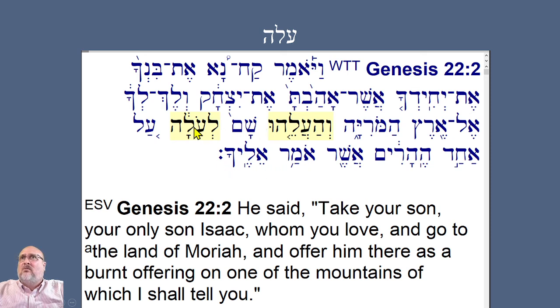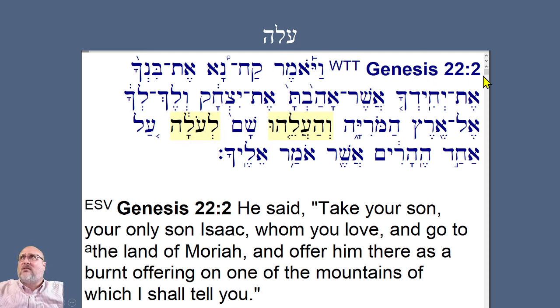Now, what's really interesting about this verse, make him go up for a burnt offering, for a thing that goes up in smoke, I think is kind of how you connect it.